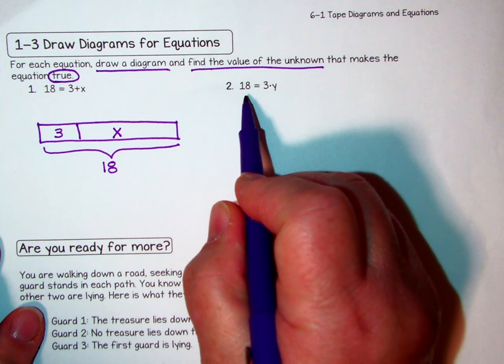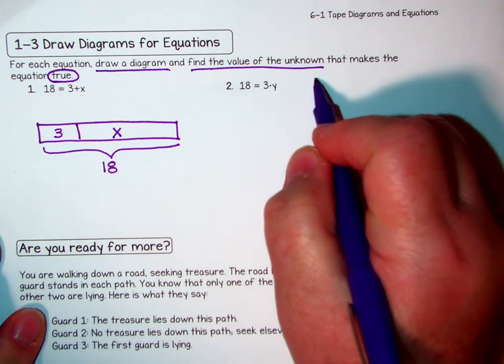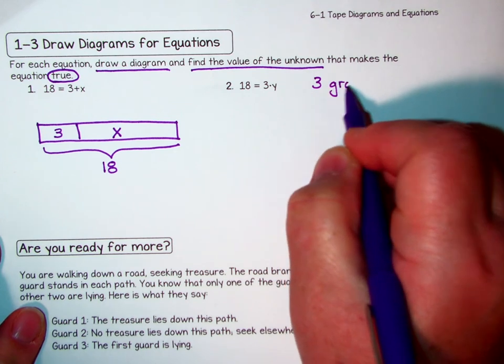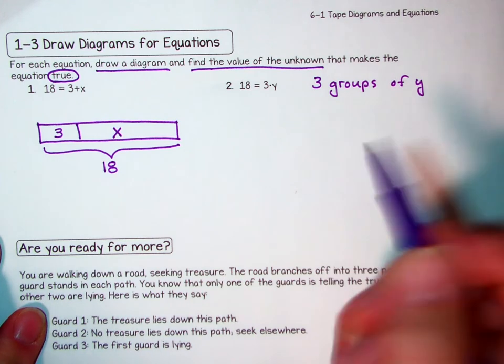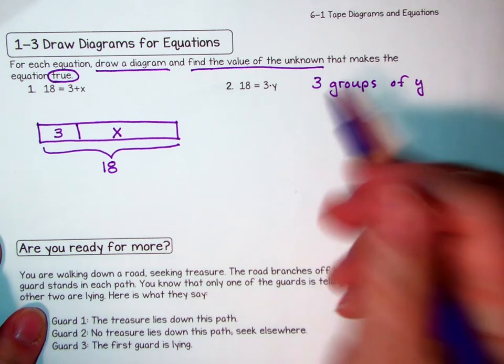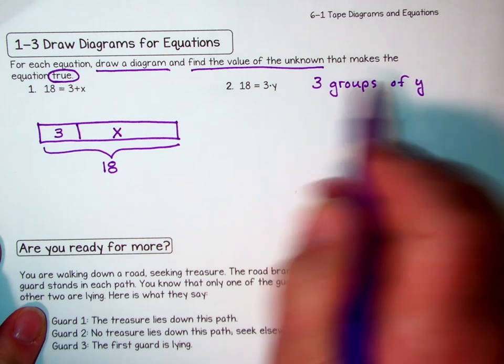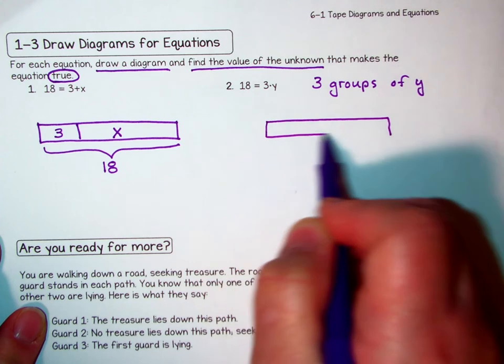Diagram 2, 18 is equal to 3 times y. So again, for multiplication, I think of 3 groups of y. And again, remember, y just means some number. I don't know what it is yet. So if I want to draw a tape diagram that represents 3 groups of y, I'm going to draw a tape diagram that has 3 segments.